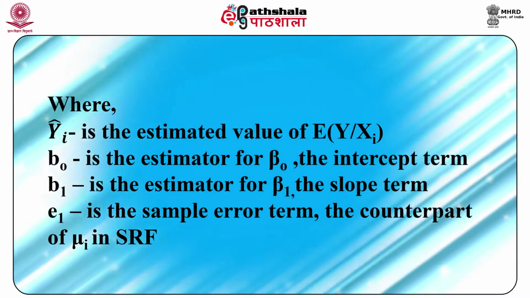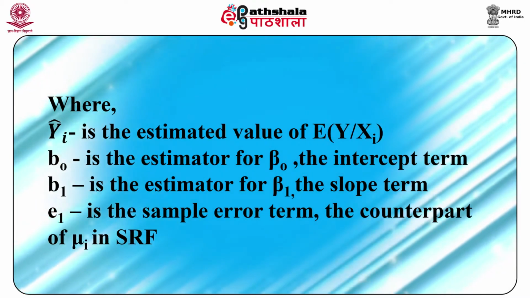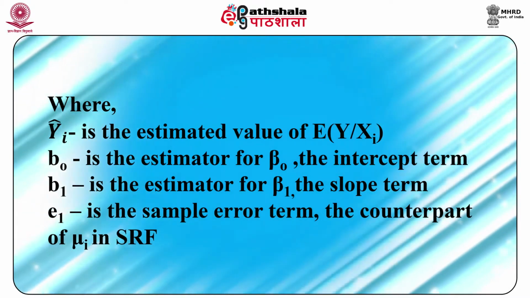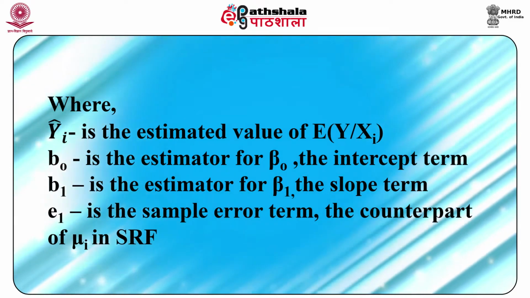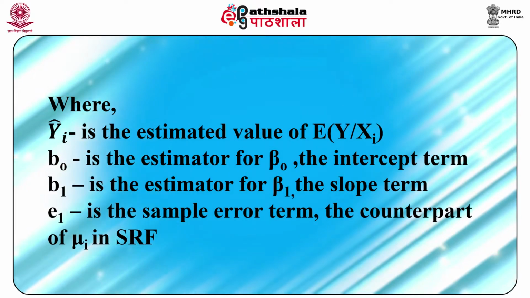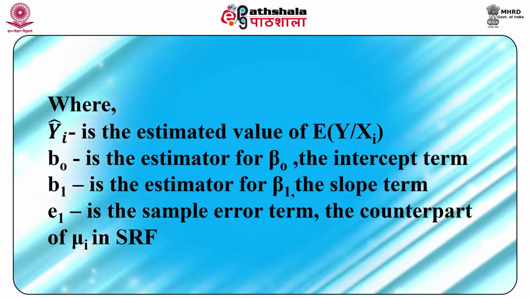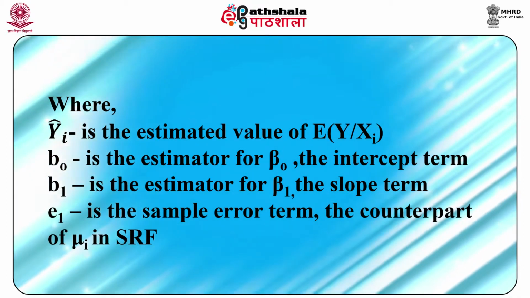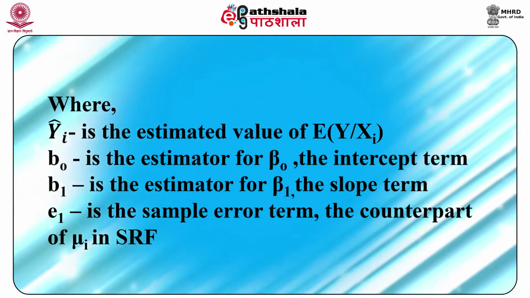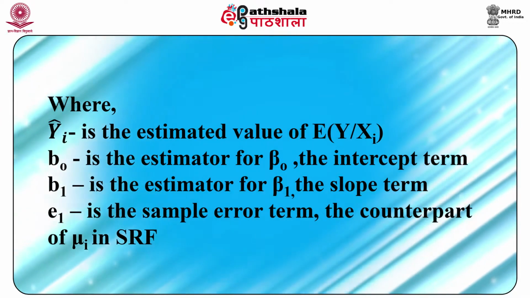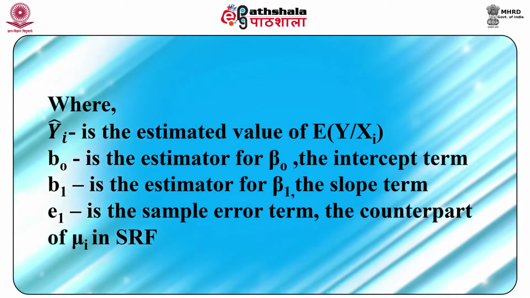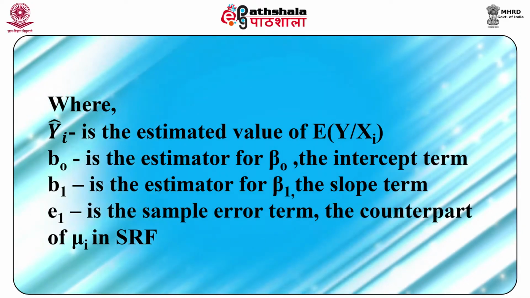So yi hat is the estimated value of y, which can be written as the expected value of y given x equal to xi. b0 is the estimator for beta 0, the intercept term, and b1 is the estimator for beta 1, the slope term. ei is the sample error term, the counterpart of mu i in the sample regression function.